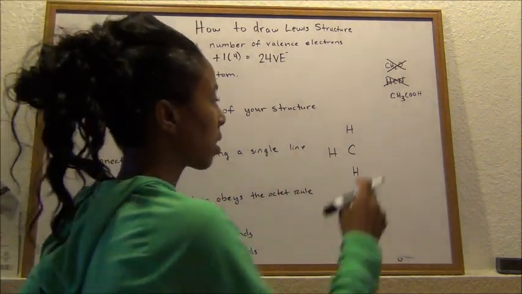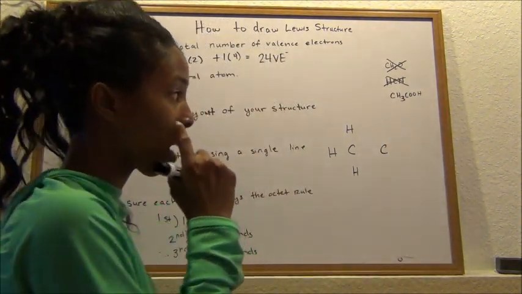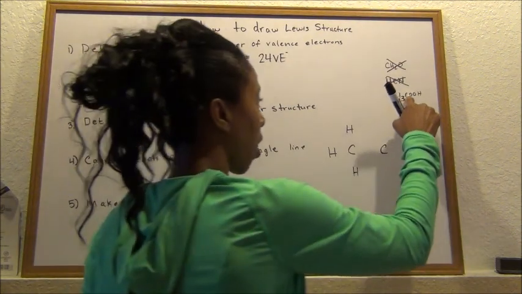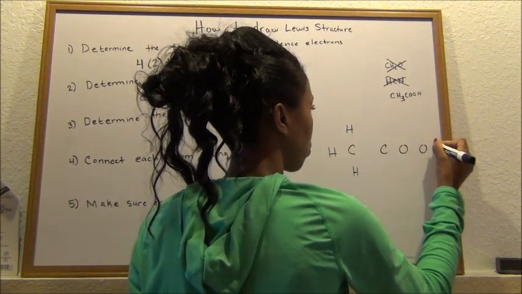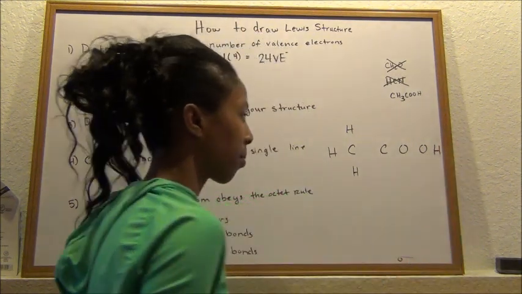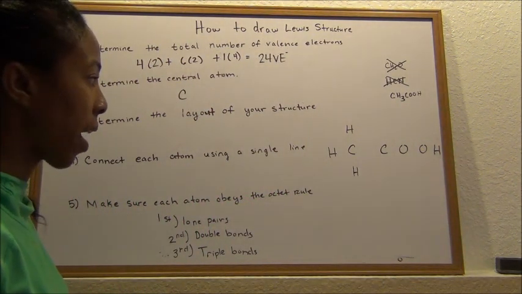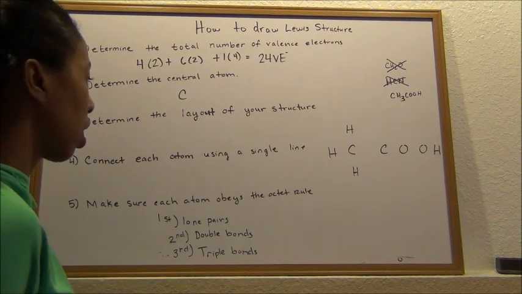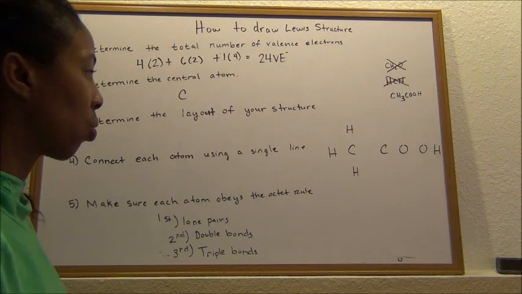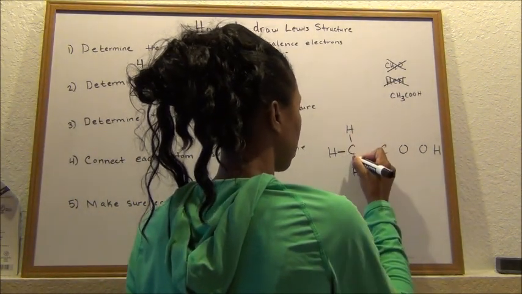Now carbon is bonded to the next carbon. And this carbon is next to an oxygen, which is also next to an oxygen, which is next to a hydrogen. So let's go back, and we're going to connect each atom using a single line.